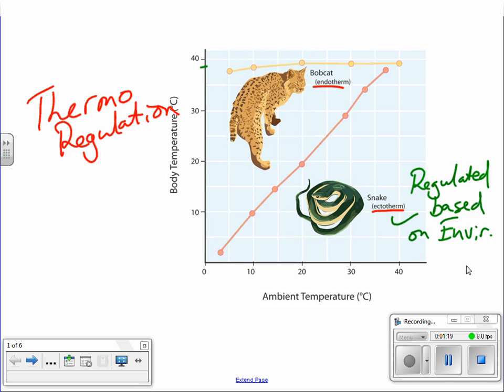The graph's a little off, but there's almost a one-for-one direct correlation between the increase in ambient temperature, which is the outside, and an increase in body temperature. So with ectotherms, they are generally regulated one-for-one with the environment, and with endotherms, you're going to stay roughly the same temperature.